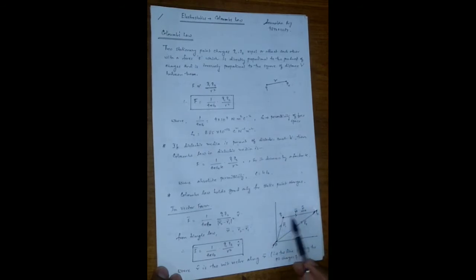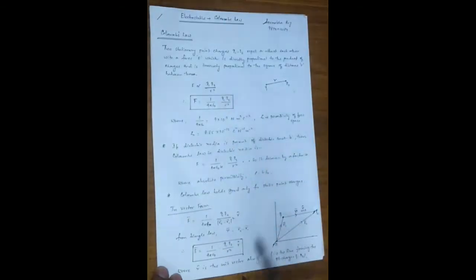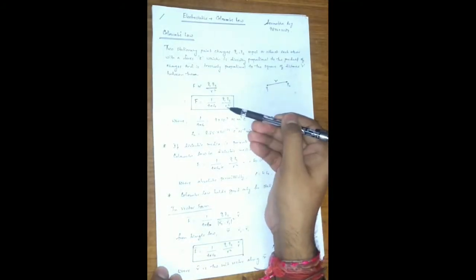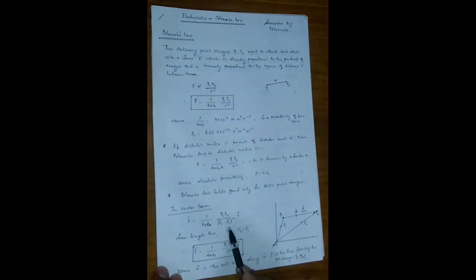The vector joining these two charges, let it be R, and the unit vector along this is R cap. This R is basically R2 minus R1 from the triangle law. We know R1 plus R is equal to R2. From there, R is equal to R2 minus R1. So this R vector is basically R2 minus R1 vector, mod square in vector form.